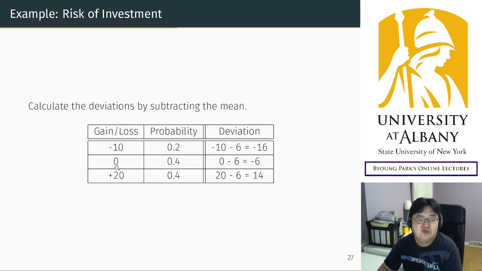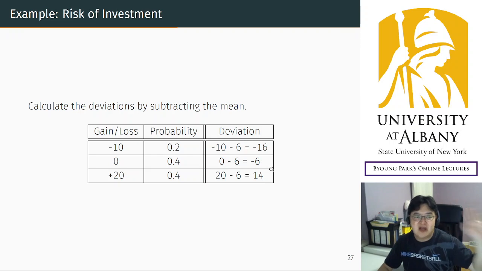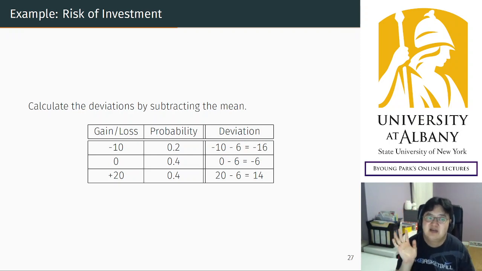And if there is no gain, no loss, zero, it's $6 below your expectation. If you make $20, then it exceeds your expectation by $14.